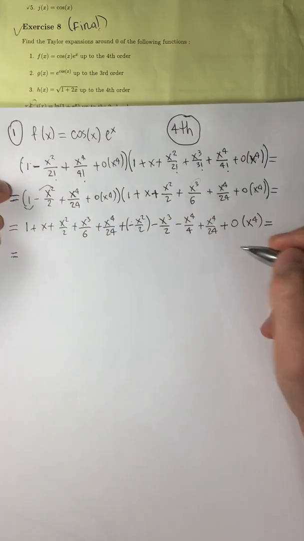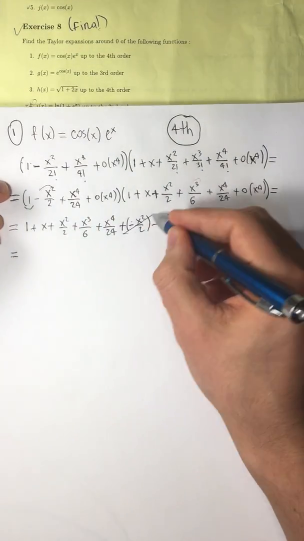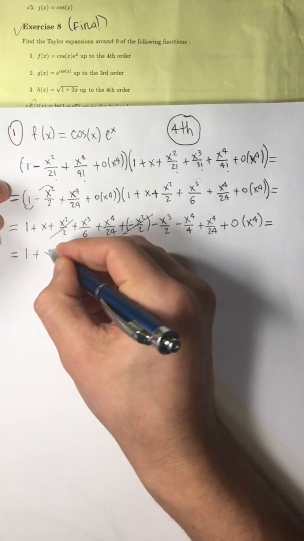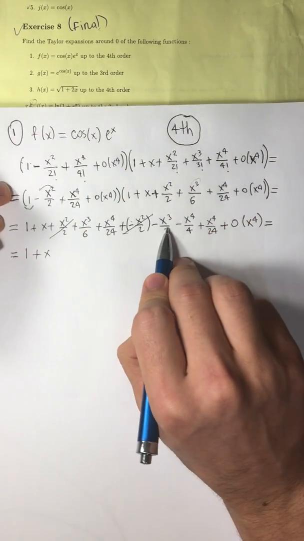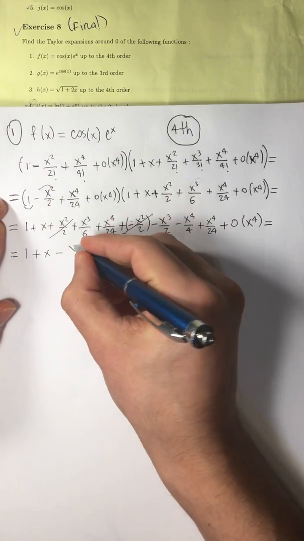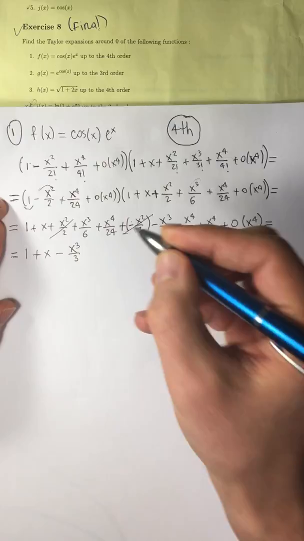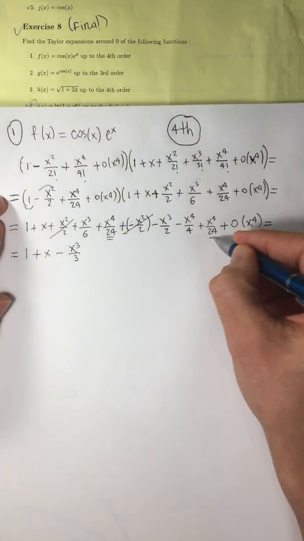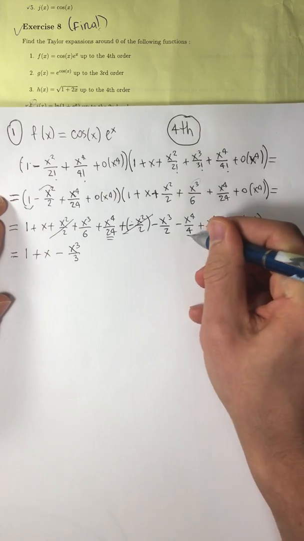Okay, right now what we can do is, it's the best part, this cancellation part. I love it. It's just bye minus 1 plus x, and then x cubed, you have this one and this one. And then if you calculate it, you will have x cubed divided by 3. I'm not going to be explaining why, because you already know it. And then this one same. Well, we have this one too.